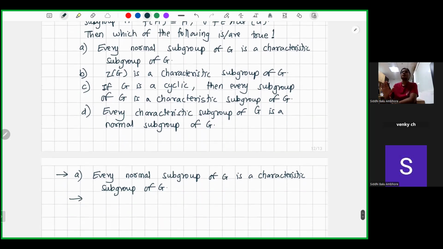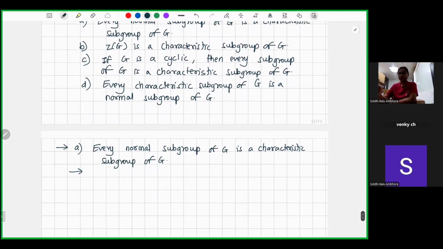So what we need to do in order to prove or disprove this? In order to prove this, we have to prove it full-fledged: start with any group G, take any automorphism, and show that if we have a normal subgroup, then its image will again land in that same subgroup.